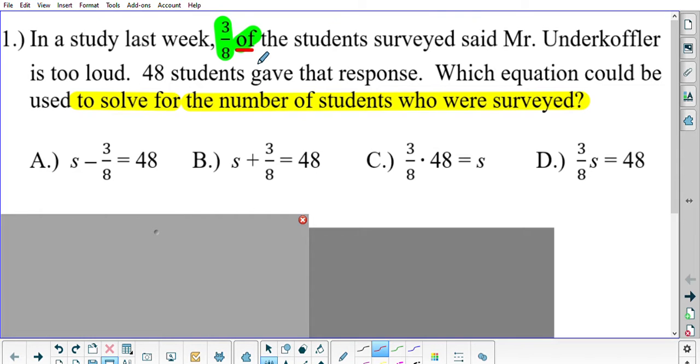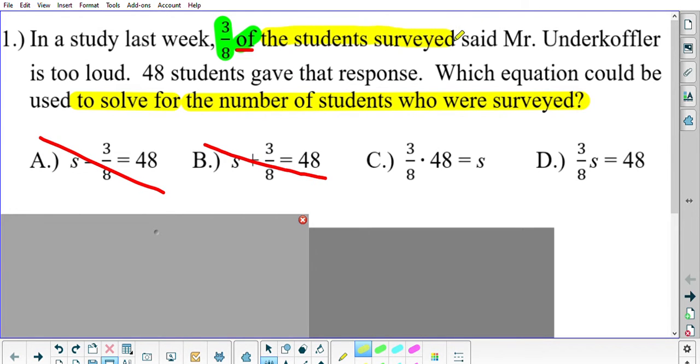When you have a number followed right away by the word of, then the word of means to multiply by that number. So 3/8 of mathematically means 3/8 times. Well, then that eliminates choices A and B. They make no sense at all because 3/8 of means 3/8 times. Times what? The students surveyed.